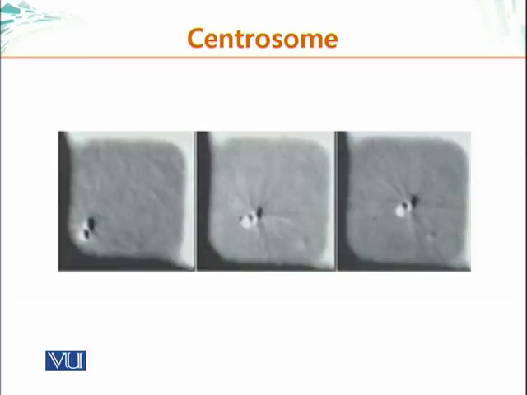Here in a square well, a single centrosome was placed. It was placed on one side of this well, and microtubule subunits, which are basically alpha and beta dimers, were added to these wells, and they provide appropriate conditions for microtubule polymerization. As you can see later on, as the microtubules started coming out of the centrosome, these microtubules started pushing the centrosome towards the middle.